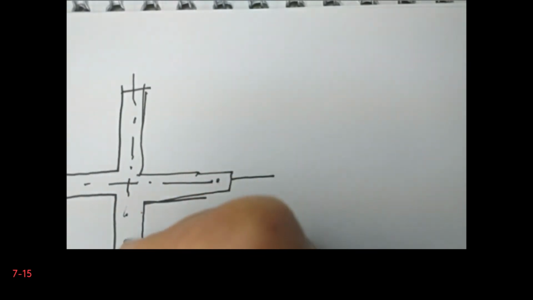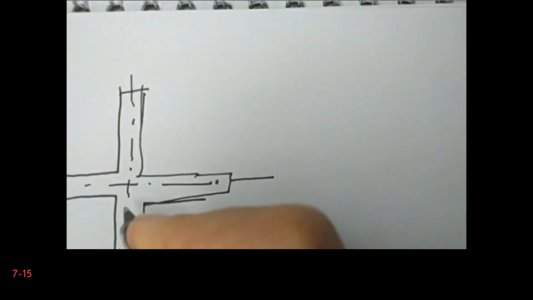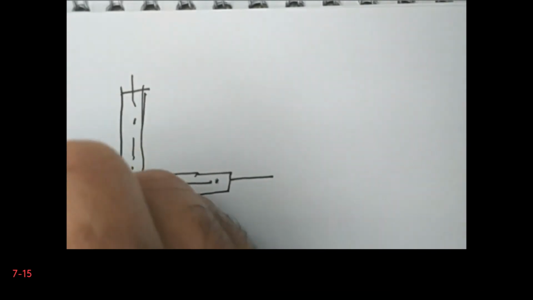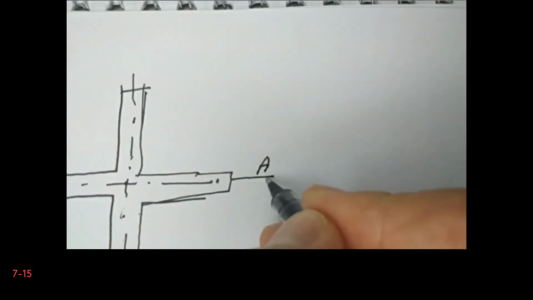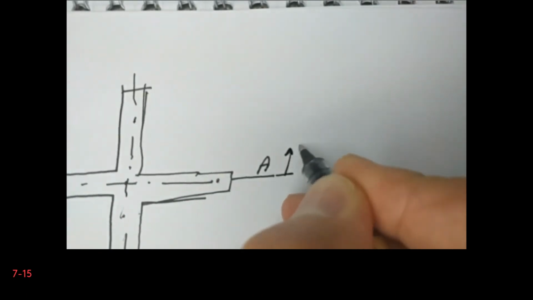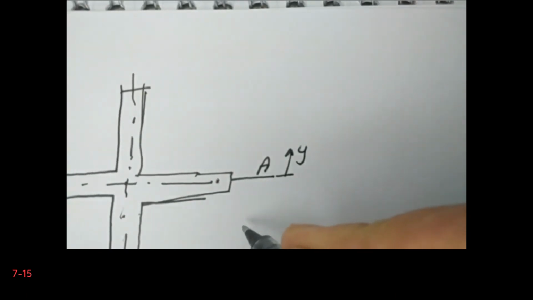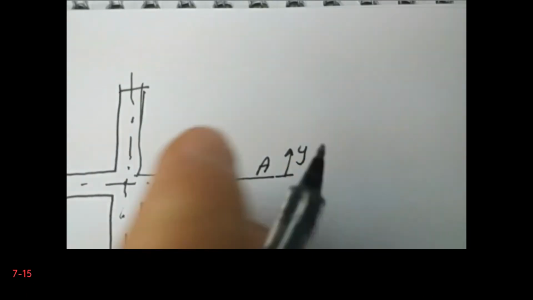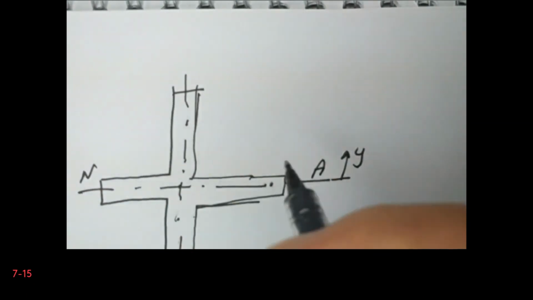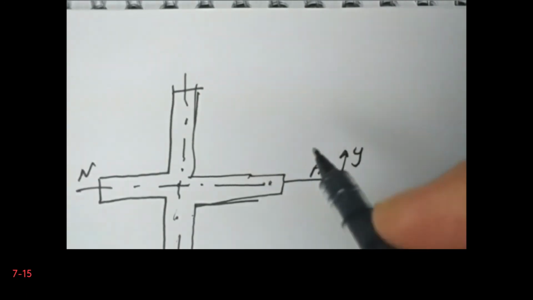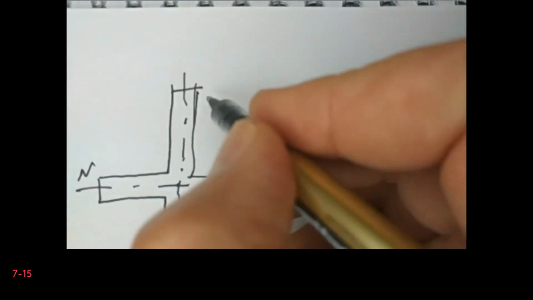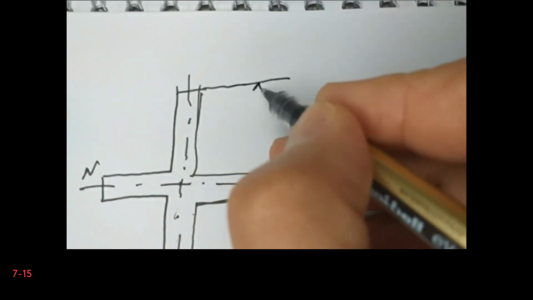Therefore, we can say that the neutral axis is located just at the center, and we can put our reference point at the neutral axis. So this distance is, let's say, h, and we have this distance as t.